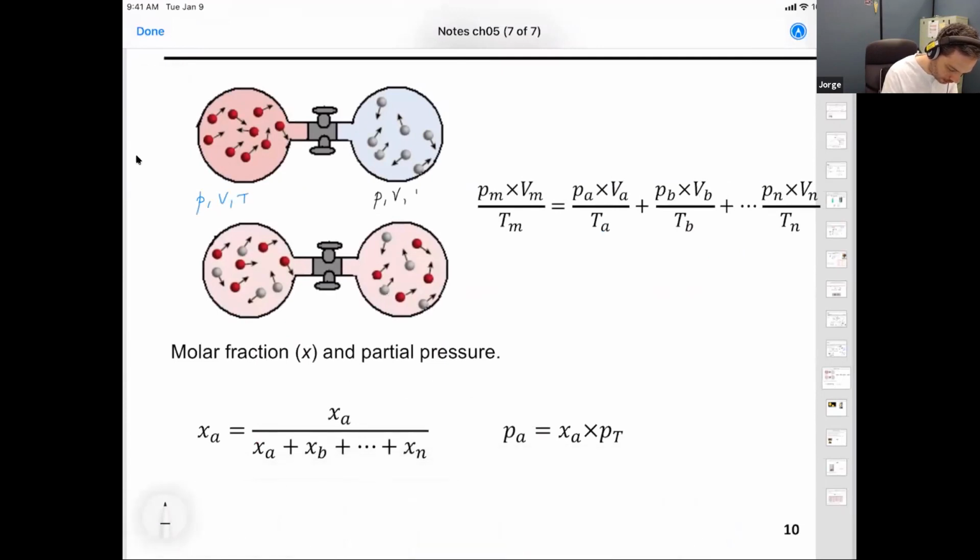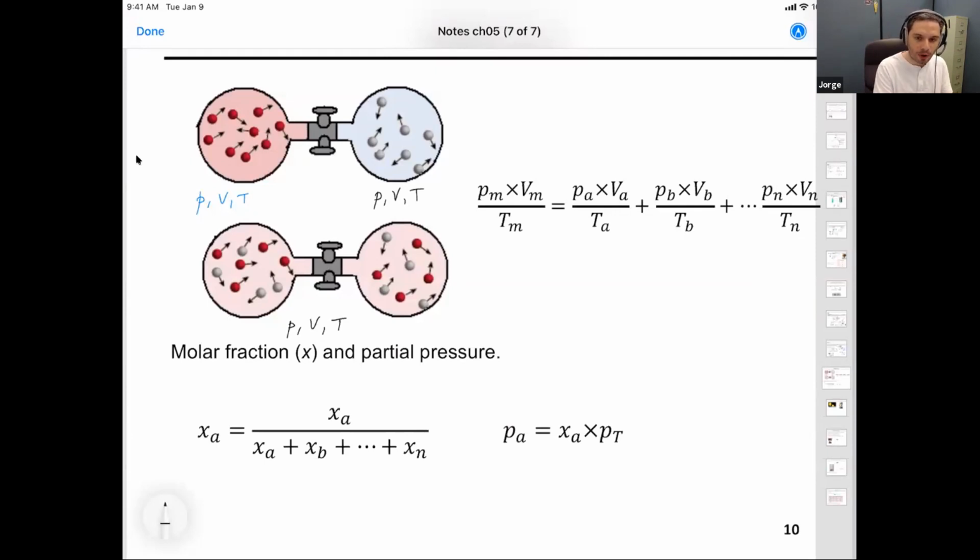When we open the stopcock right in the middle, the gases will mix until they reach equilibrium. In the final state, you consider the mixture as a whole, with a final pressure, volume, and temperature.